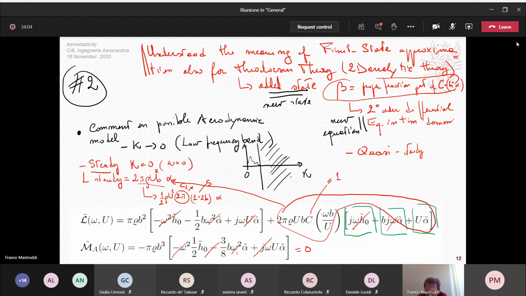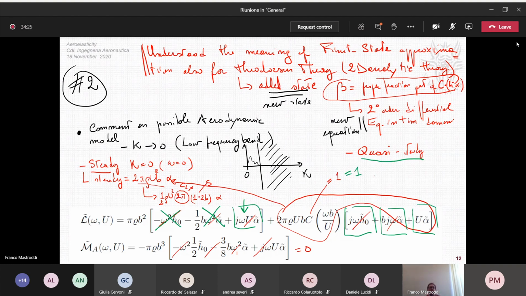Put C equal to 1, also in the quasi-steady case, but you can avoid this, and you can include this here. And this is the quasi-steady approximation for the aerodynamic.